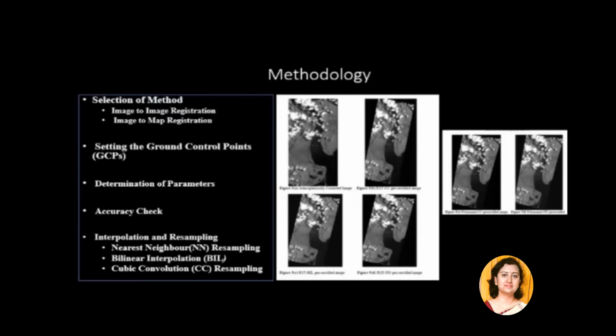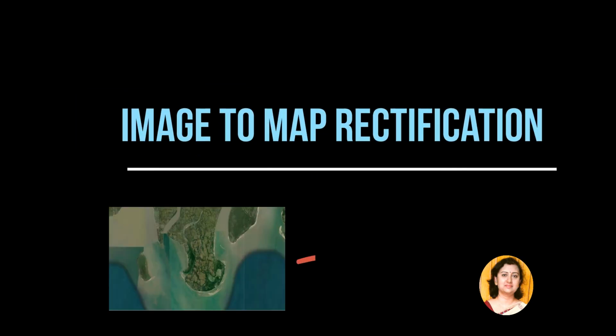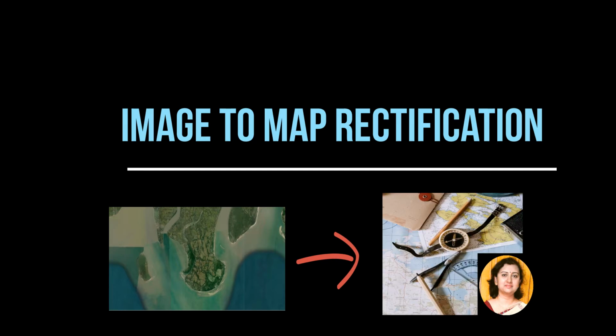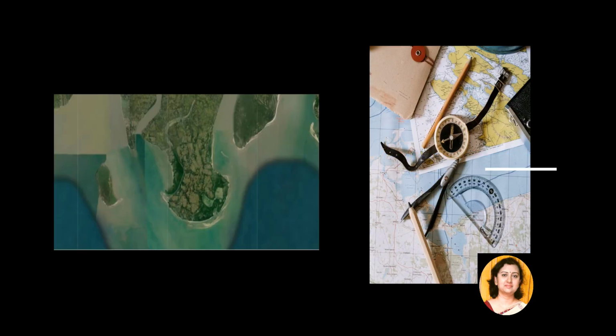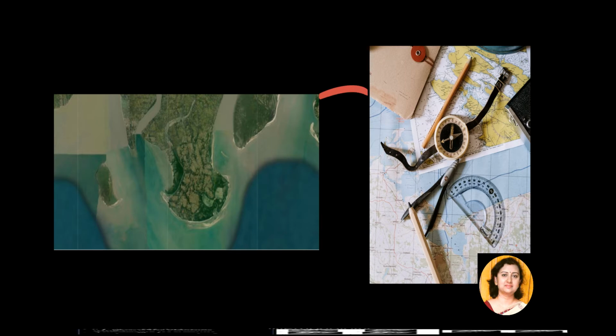or I can use another process, that is image to map rectification. Image to map rectification means in this process, I am using a map, by which the geometry of an image is made planimetric.